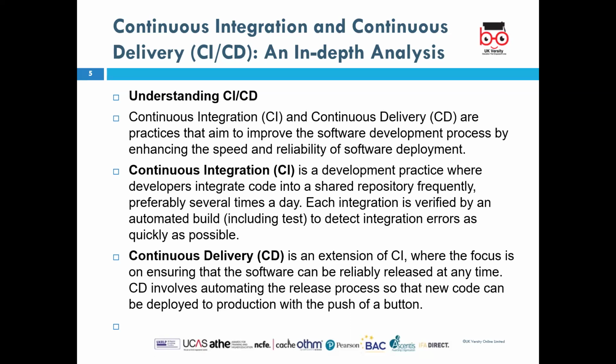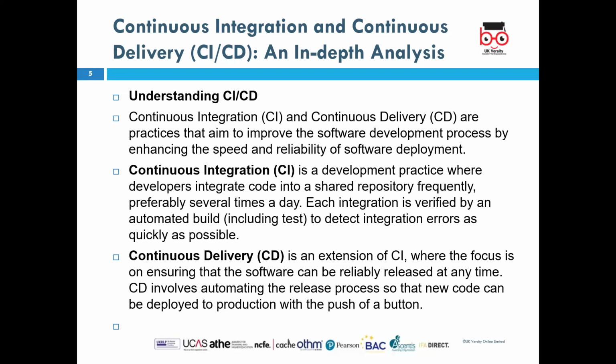Before deploying, they have to go through testing and a whole life cycle process where they test, review the code, deploy, and then maintain. Continuous integration and continuous delivery are practices that aim to improve the software development process by enhancing the speed and reliability of software development.